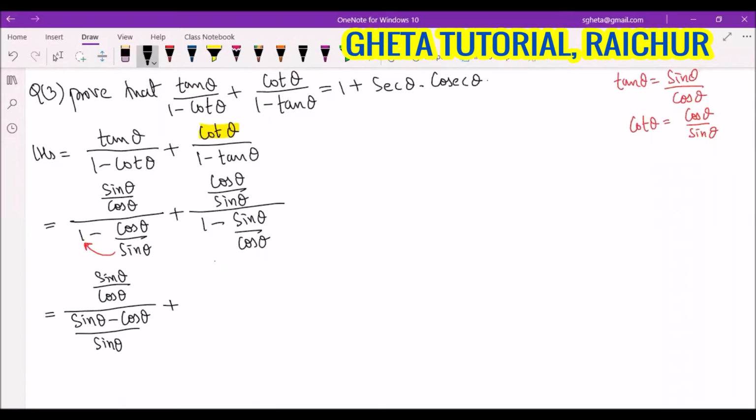Plus here the numerator also as it is, cos theta by sin theta, whole divided by, here also I should take LCM. So LCM will be cos theta, so this cos theta I should multiply here, so that it will come cos theta minus sin theta, whole divided by cos theta.